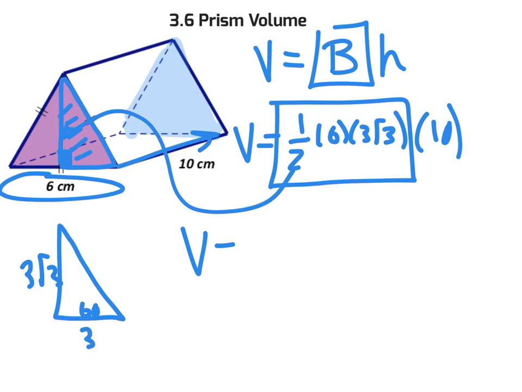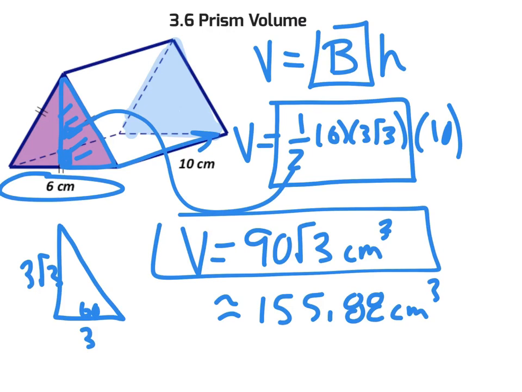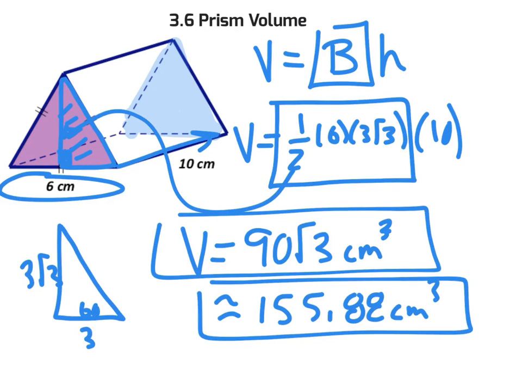And when I slam that in the old calculator, I get 90 square root of 3 centimeters cubed, careful, because this is a volume calculation. And then when I calculate that out, that roughs in at 155.88 centimeters cubed. This is known as an exact answer. This is known as the decimal approximation.